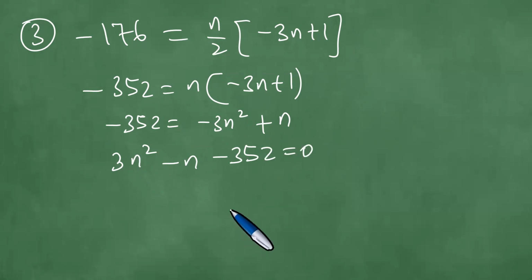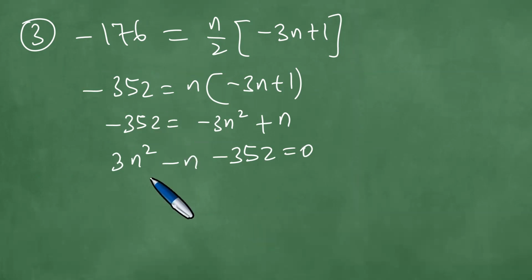So the question is, what are the factors of this? Now you have 3n squared minus n minus 352.